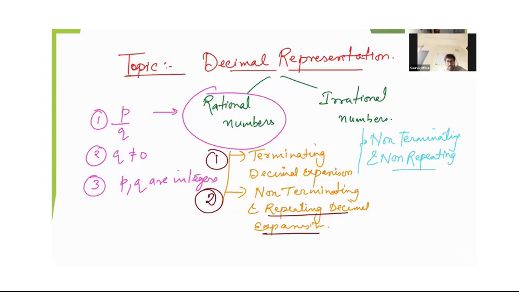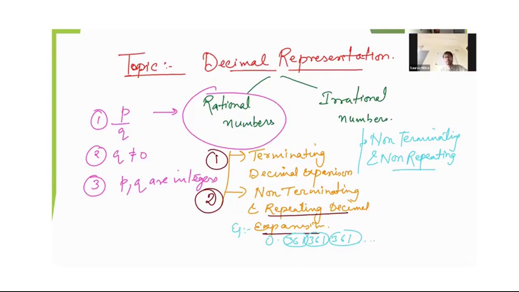See, in terms of repeating, we can say 361, 361, 361 is also a decimal expansion. This is a non-terminating but repeating case. After three places you again get 361, 361, 361, like this. So this is a case for a rational number.